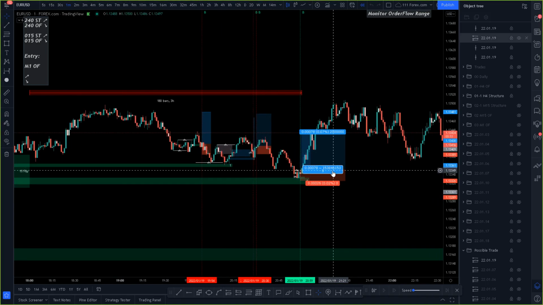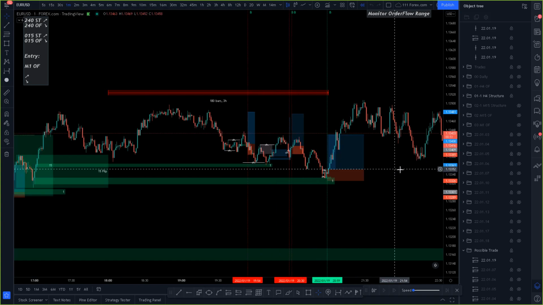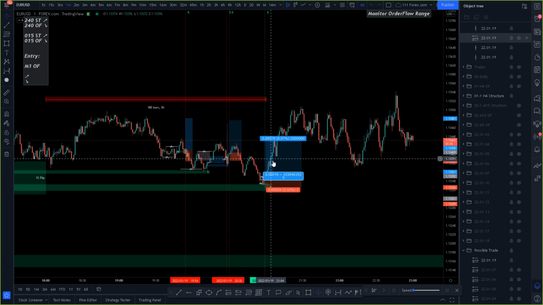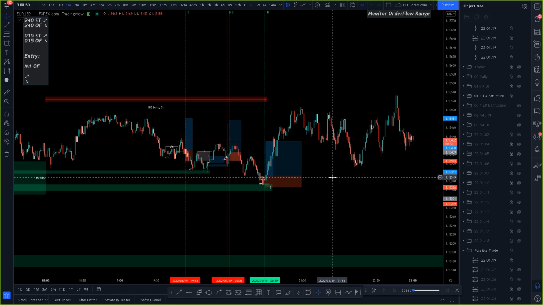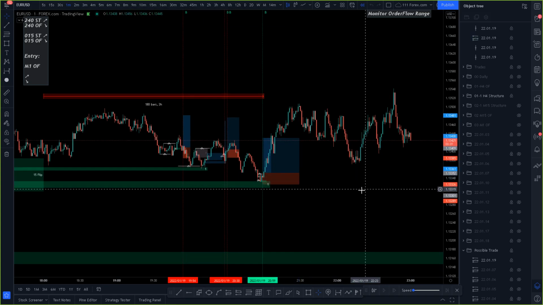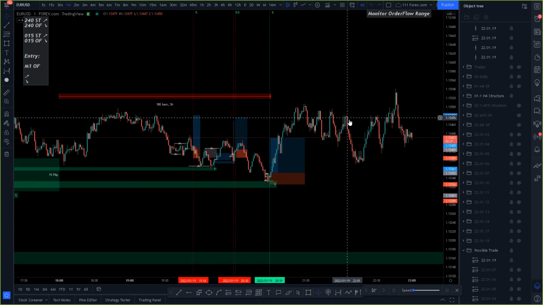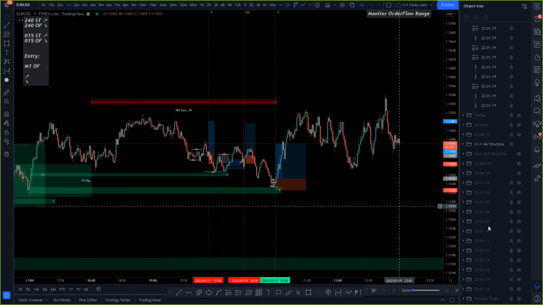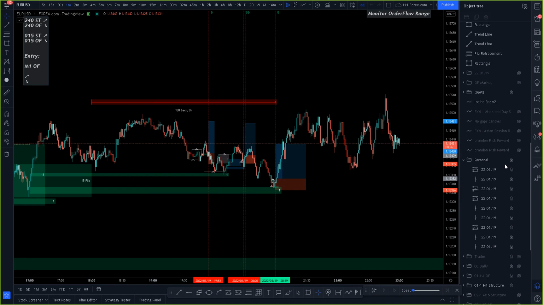Like, yep, they were entering here. I don't know. Buy to sell, sell to buy. Yep, that's pretty sick. So my trade was here. Okay, I will do more view on this.